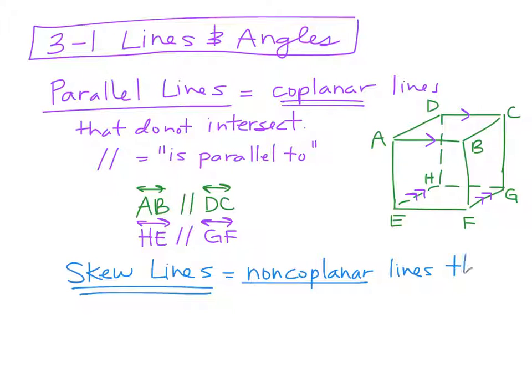Non-coplanar lines that don't intersect. What does non-coplanar mean? Not in the same plane, right? Non-coplanar means they're not in the same plane. So we are looking for two lines that don't lie in the same plane and will not intersect.